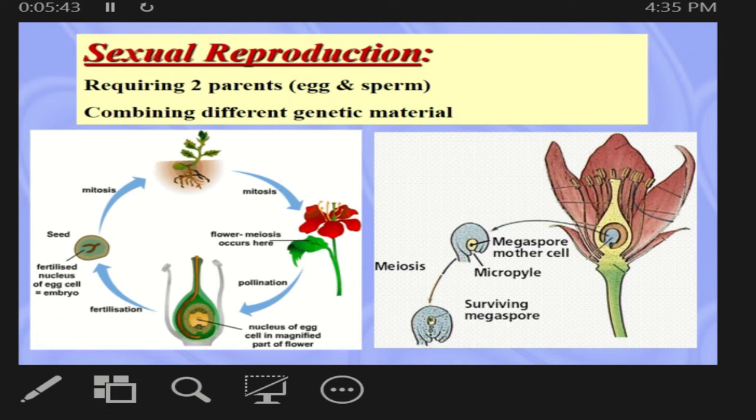Sexual reproduction requires two parents, the egg and the sperm, combining different genetic materials. We have mitosis and meiosis. In the nuclear region of the cell are the chromosomes.